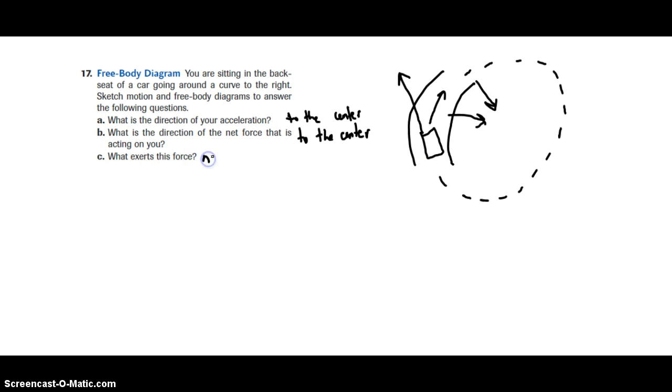Well, that would be a normal force exerted by the side of the car or the car door, or hopefully your seatbelt pushing you into the center. So we'll say normal force of the door if you're not wearing your seatbelt, or if you are, the seatbelt is simply going to keep you locked in.